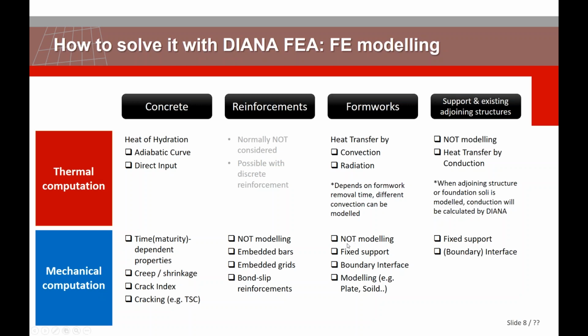Actually, I think if you model formwork, it will cause some changes in terms of stress results. But we can talk about it later. We can come back. And for support and existing adjoining structures, you can simply model a fixed support, or you can also assign an interface between your newly cast concrete and the existing block. Or if you don't want to model the foundation or adjoining structure, you can simply use a boundary interface.